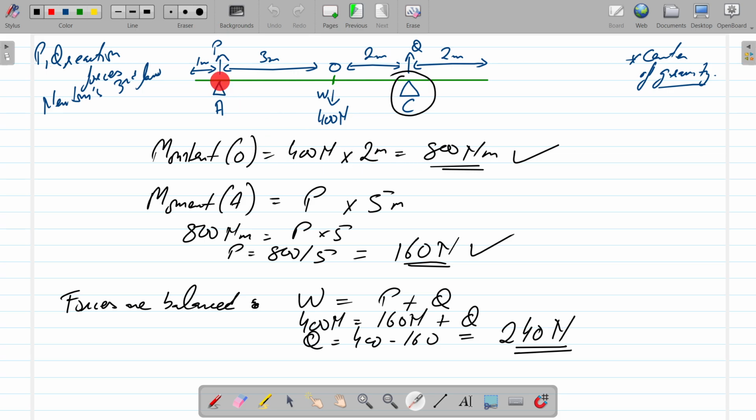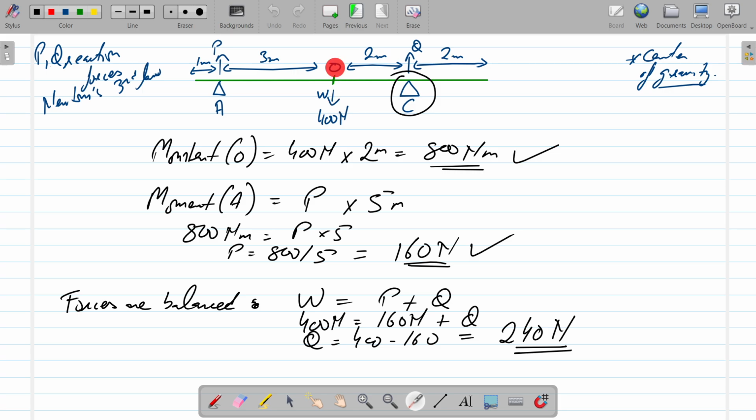So the moment of force at point A is equal and opposite, so that's 800 newton meters. What's the distance from point C, 2 and 3? That's 5 meters. We don't know how much force is being applied, so that is the unknown, force P. To calculate that, 800 divided by 5 gives us 160 newtons. This is as far as the moment of force is concerned, the turning effect of forces.